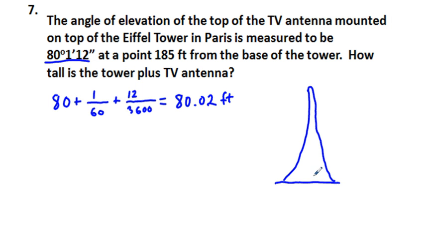And from the center of the base to the point that's measured here, it's 185 feet, and we want to know the height all the way up to the top of the tower plus the TV antenna.